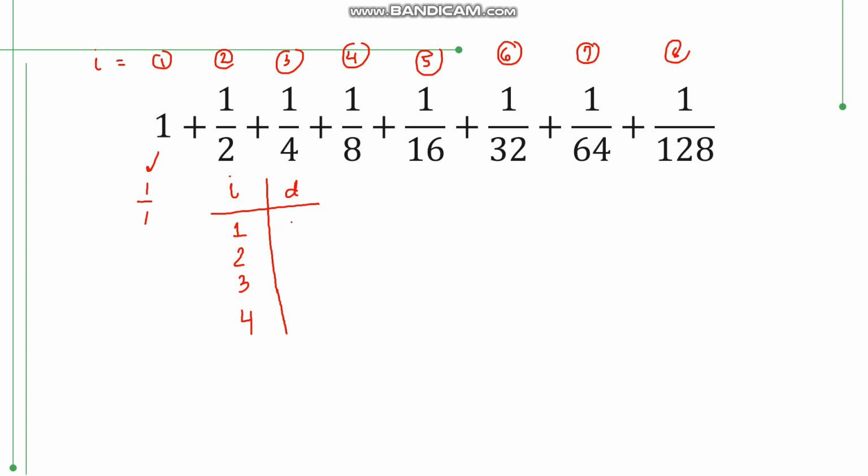Let's just write the first few terms. So the denominator is 1, the denominator is 2, 4, and then 8. Notice that for the denominators, we're just multiplying by 2. So 1, we multiply it by 2, we get 2, we multiply it by 2, we get 4, and then 4, we multiply it by 2 as well. So we get 8.